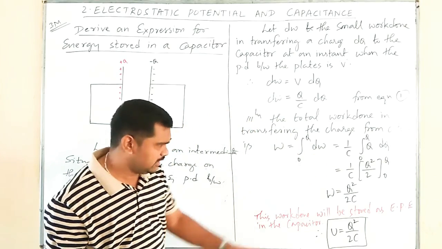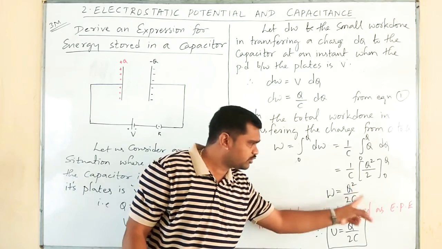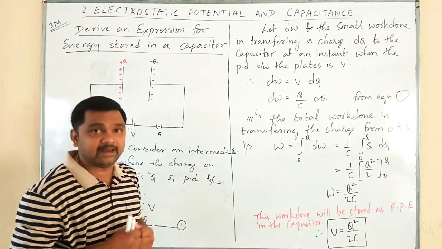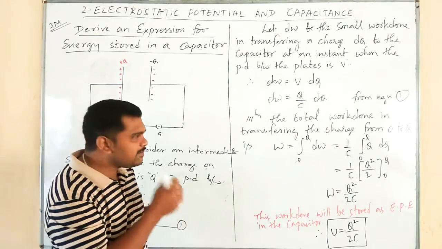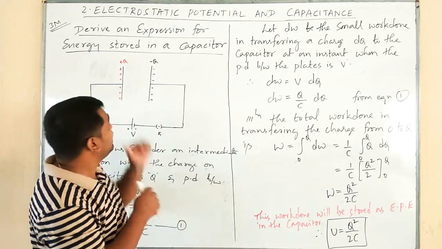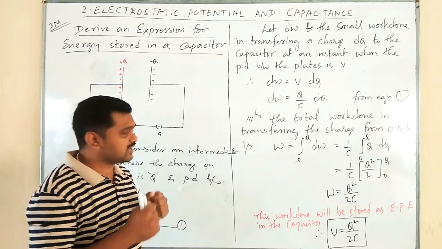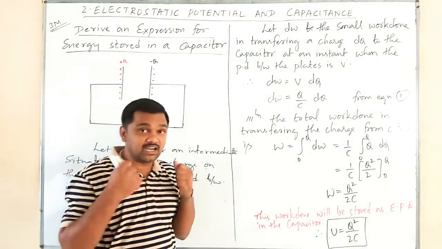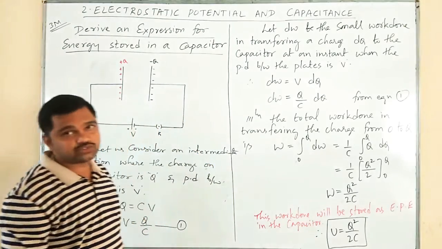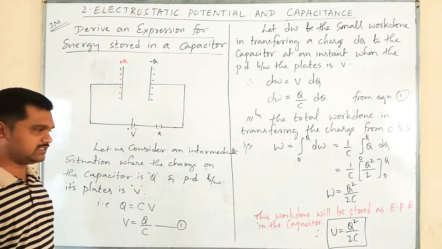The remaining thing you know: till this, W is equal to Q square divided by 2C, and this amount of work done, not by us, sorry, but by the battery, will be stored as electrostatic potential energy inside the capacitor, which is given by U is equal to Q square divided by 2C. Please remember.